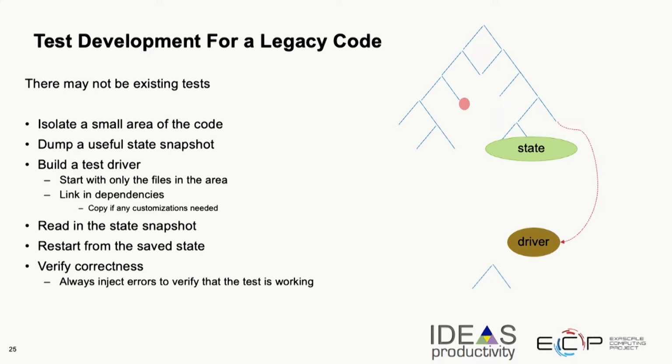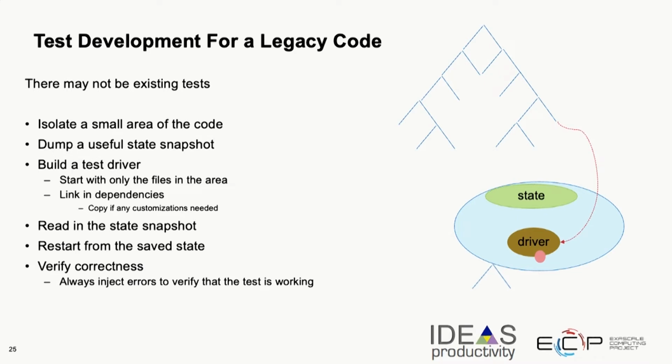One is that you take a dump of the output coming from that section separately and make it a part of the state that you have dumped here, or you create a stub. So you can create links into the dependencies, or you can create a stub, and all of these things put together give you a test.